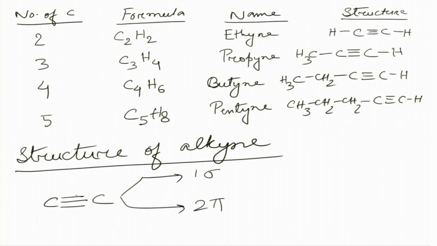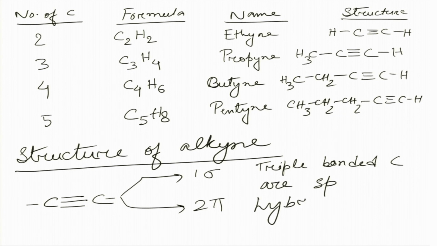Among the 3 bonds between the 2 carbons we have 1 sigma and 2 pi, and of course both carbons will have one more sigma bond with hydrogen or carbon. Alkyne carbons, that is, triple bonded carbons, are sp hybridized.